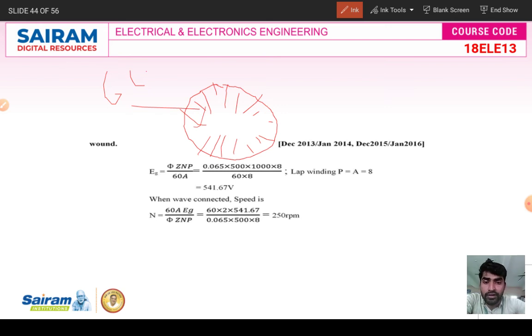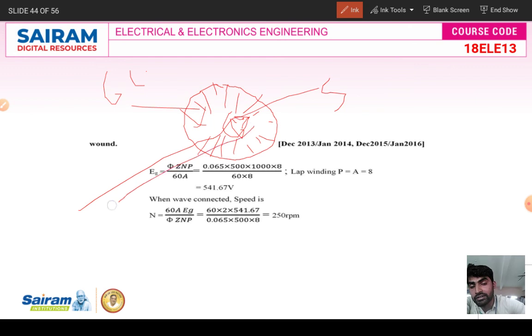The number of conductors in the rotor, see this rotor, is 500 armature conductors, but they have not given the number of slots or conductors per slot. Don't get confused, okay? Directly they have given the number of conductors as 500, and the speed the generator rotates at is around 1000 RPM.